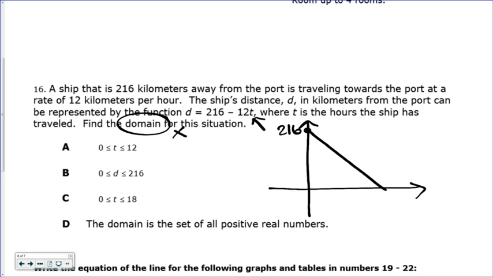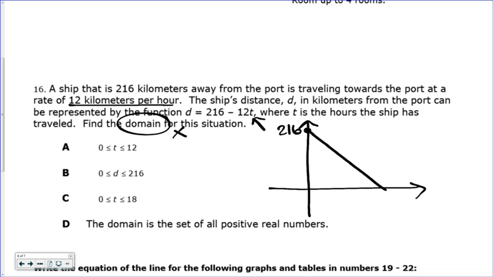Probably not accurate slope, but it's decreasing. Okay, and I need to decide what are each of my input values. But it also gives me a parameter. It says that they're going 12 kilometers per hour.